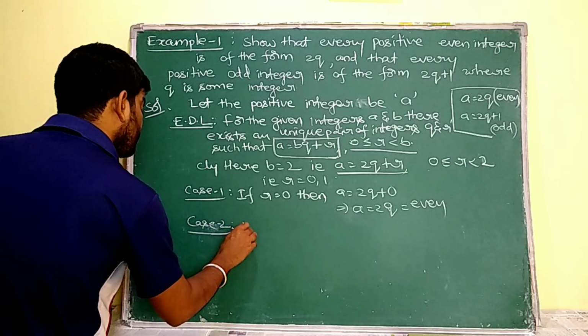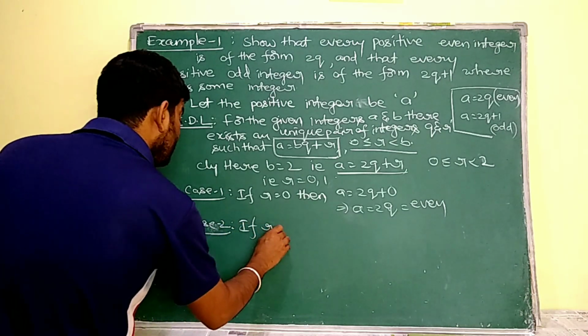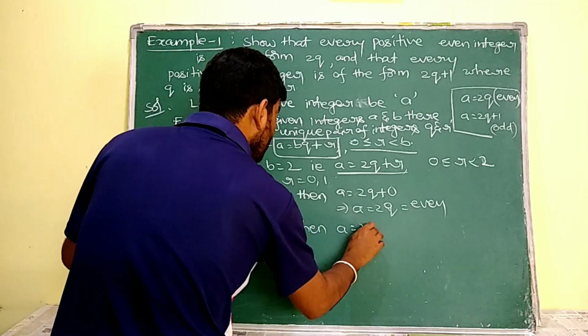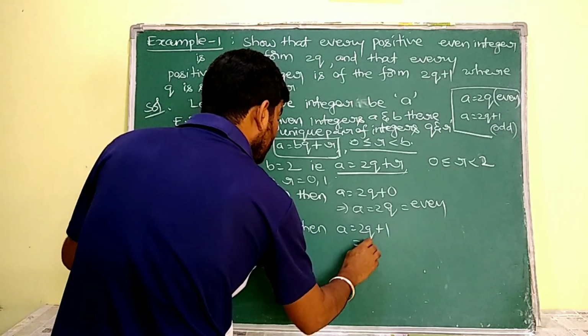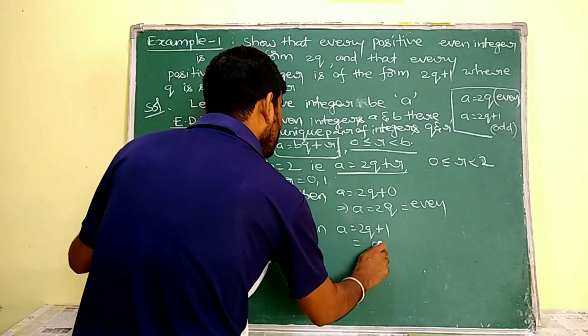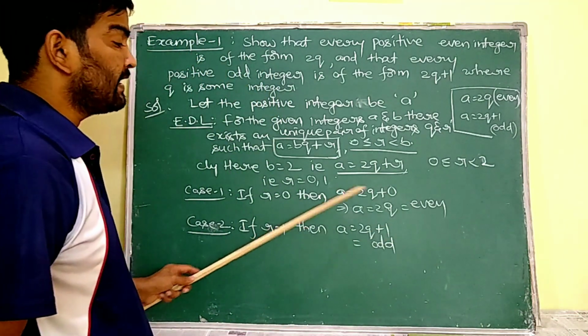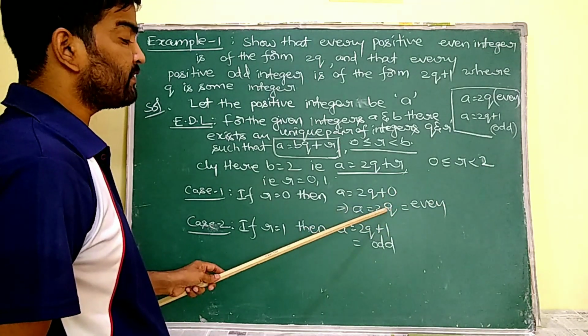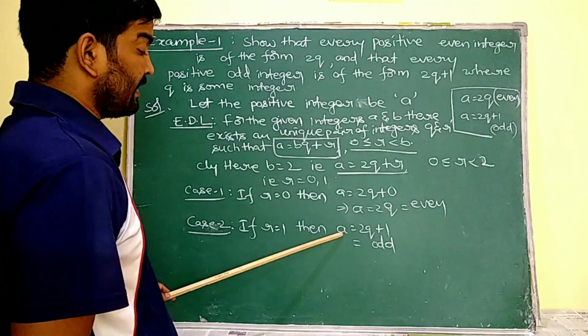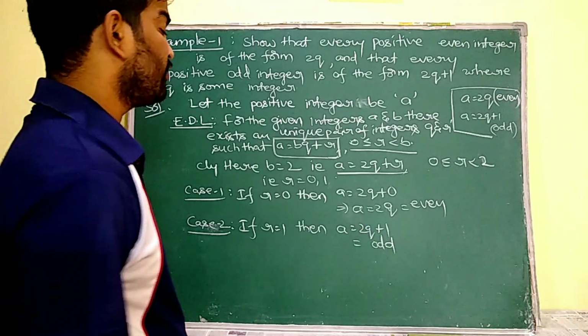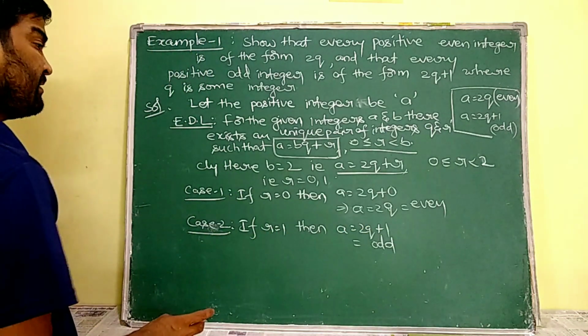Case 2. If r is equal to 1, then a is equal to 2q plus 1. We know even plus 1 is odd. That means the positive integer a becomes even if it is in the form of 2q, and odd if it is in the form of 2q plus 1, where q is some integer.